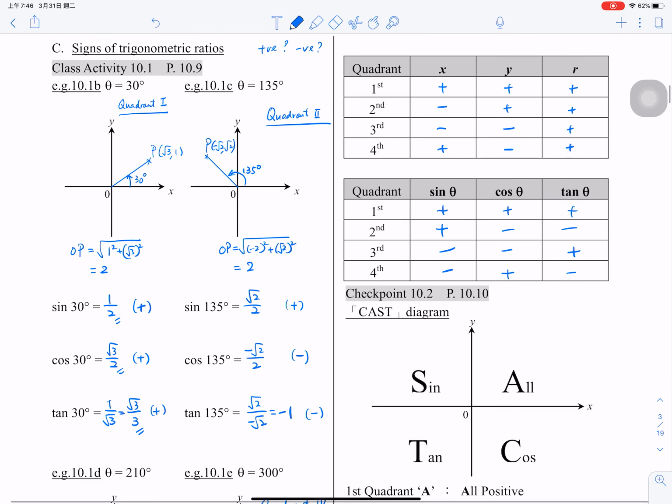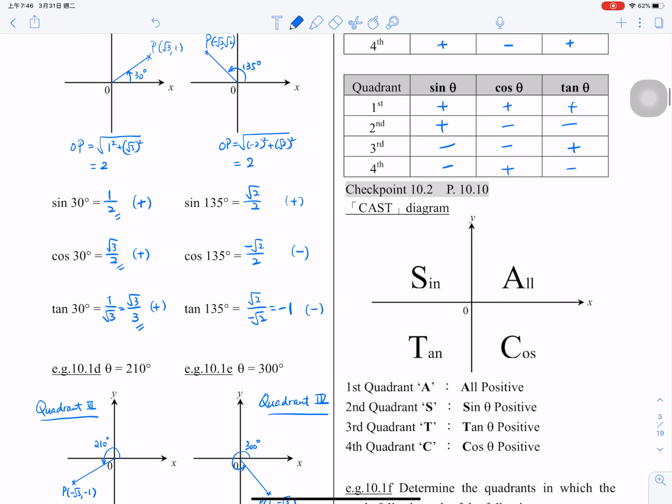So here we can use a diagram to help us remember. In quadrant 1, all trigonometric functions are positive. In the other three, quadrants 2, 3, and 4, only one kind of trigonometric function is positive.